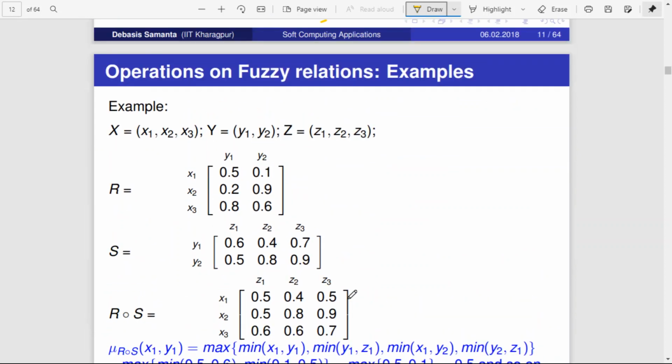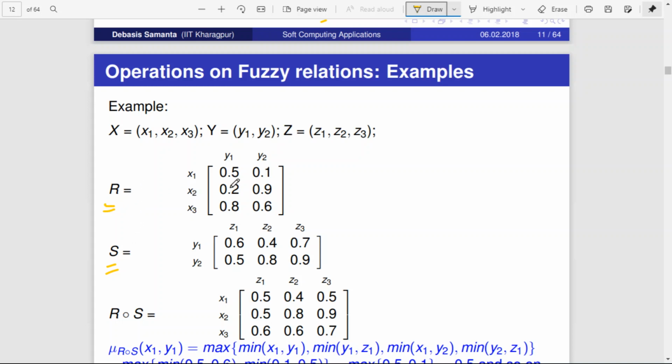Let us assume there is a relation R. Here we are discussing only composition. If you want to find union and intersection, they should be defined on the same fuzzy sets. For example, the relation R is on the fuzzy sets X and Y, whereas S is on the fuzzy sets Y and Z, so for these two relations you cannot find union and intersection.